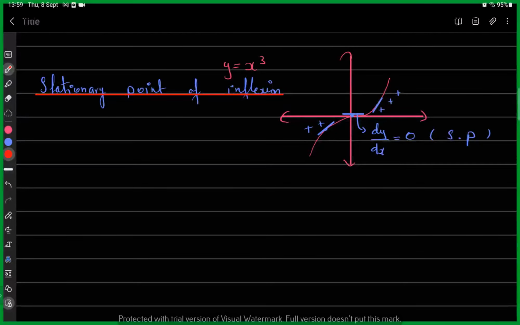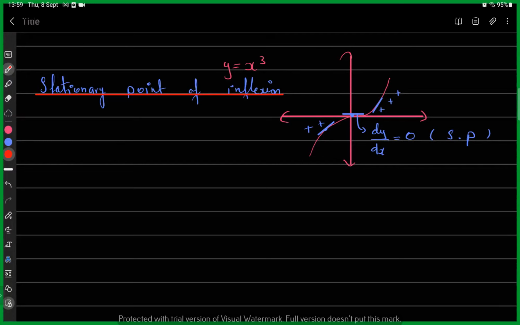Okay, now what is your hint and how do we think about it? It's like when the gradient before and after that stationary point is going to be the same, like it's not going to change, then we are going to call this a stationary point of inflection.